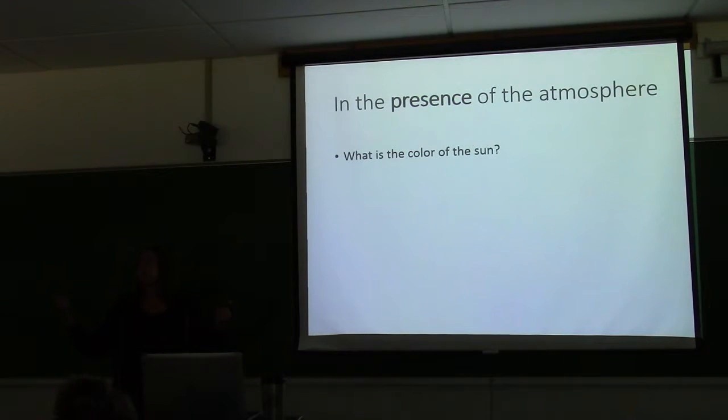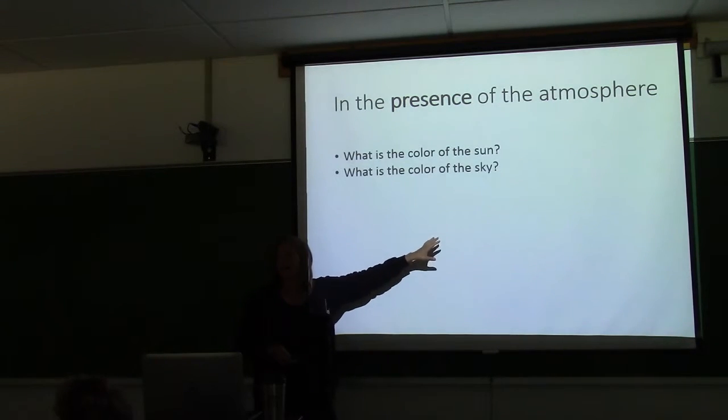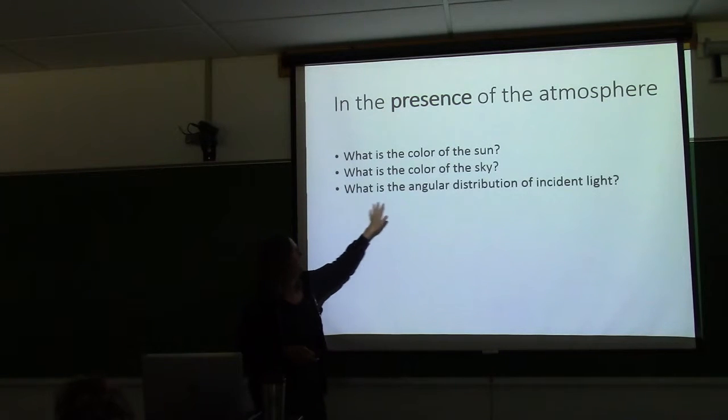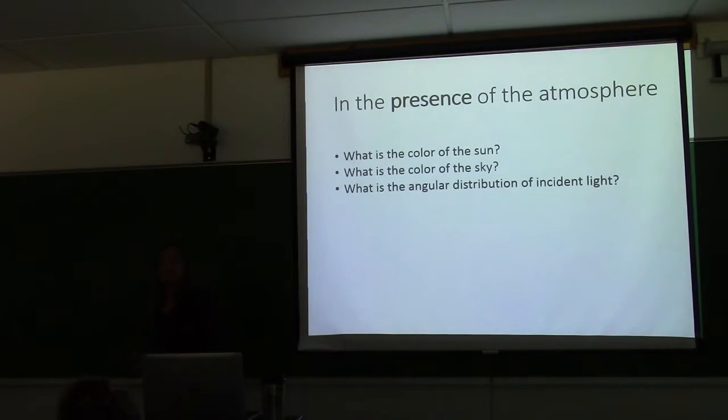So the sun can start to look a little bit more yellow, which I personally haven't looked at it in a long time, but it looks a little bit yellow, okay? And the color of the sky, of course, if it's clear, it's blue. If it's cloudy, it's white, based upon the scattering properties of the atmosphere. And the angular distribution of the light with an atmosphere.